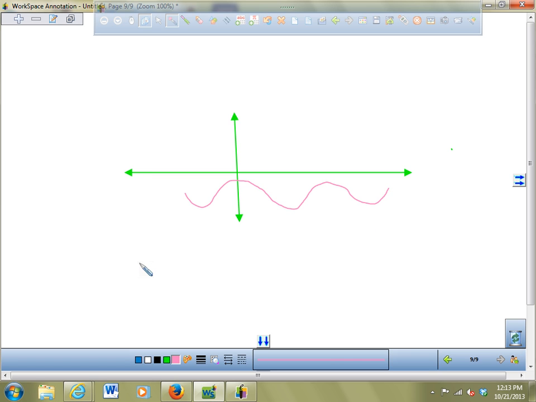And they tell you that this is the point (0, -1), and that this point would be the point (pi over 2, -5).